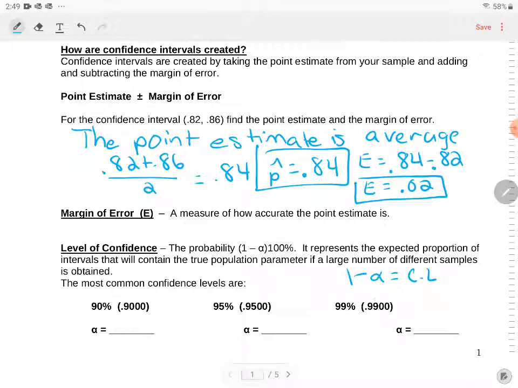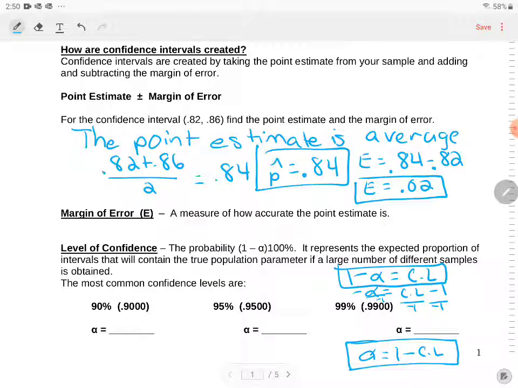If we solve for that, negative alpha is equal to confidence level minus 1. If we divide by negative 1, alpha in general is equal to 1 minus the confidence level. Notice that the confidence level is 1 minus alpha, and alpha is 1 minus confidence level.